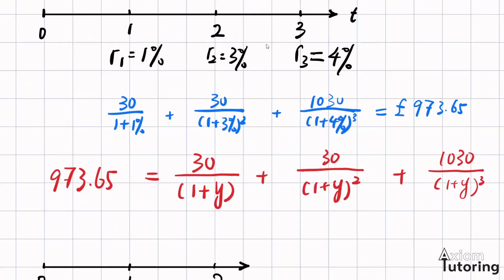As you can see, this is another higher order polynomial, which is going to be very difficult to solve by hand. So we can use the help of Excel. It has the yield to maturity function built in, or you can use any calculator online to get the yield to maturity for any bonds.